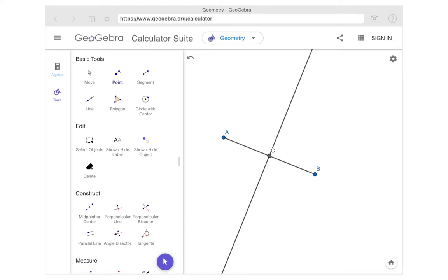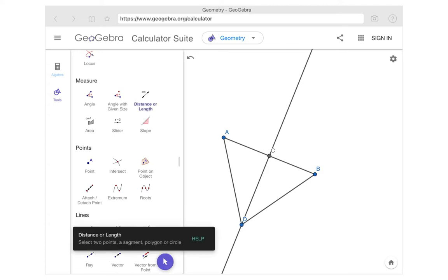So one of the takeaways from this lesson is, let's put a point on this perpendicular bisector, and I'm going to connect that point to the endpoints of that original segment that I created. And as I move that point D, I notice the sides of my triangle change as well.